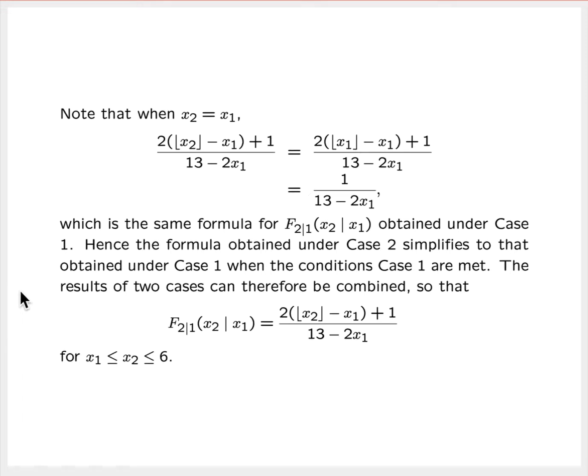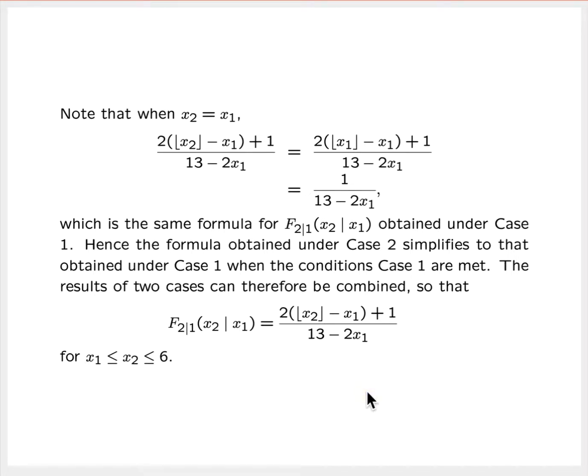And so the results of the two cases can therefore be combined so that the conditional CDF of x2 given x1 can be written more succinctly as 2 times the quantity, which is this difference between the greatest integer less than or equal to x2 minus x1, 2 times that difference plus 1, over 13 minus 2 times x1. And that applies for all values of x2 that are greater than or equal to x1 and less than or equal to 6.